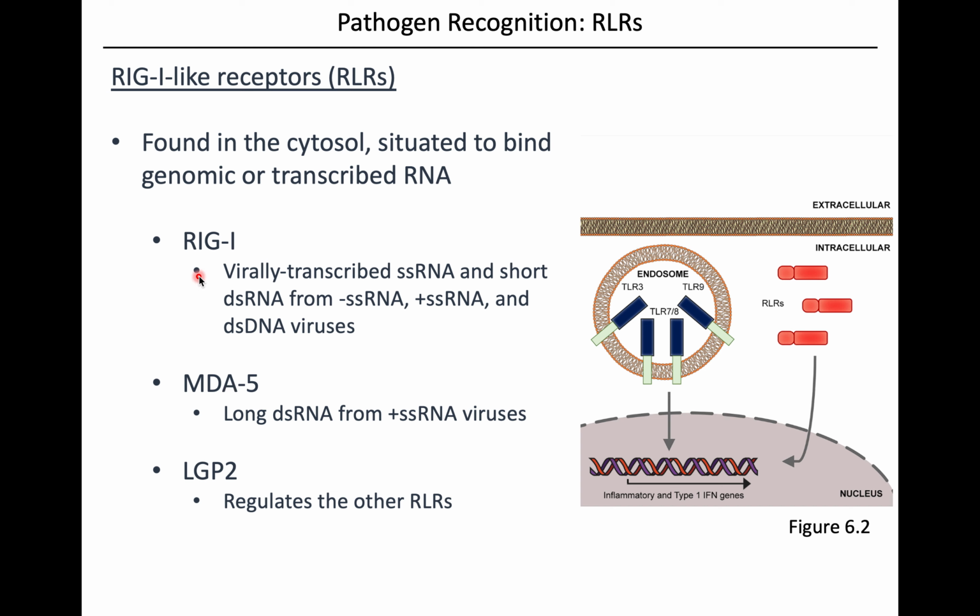There's RIG1, for which the whole class is named, which recognizes virally transcribed single-stranded RNAs, but also short double-stranded RNAs from either negative sense or positive sense RNA viruses, and even from some double-stranded DNA viruses as well. Then you have MDA5, which recognizes longer double-stranded RNAs, primarily from positive sense RNA viruses, and LGP2, which seems to play more of a regulatory role.